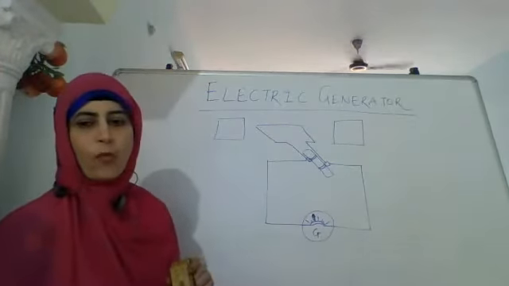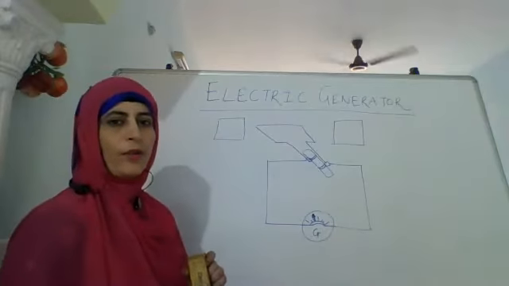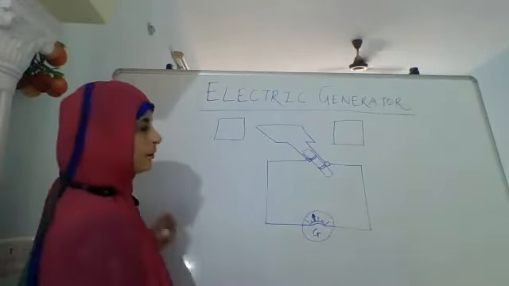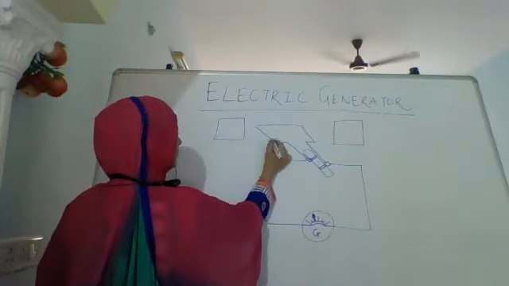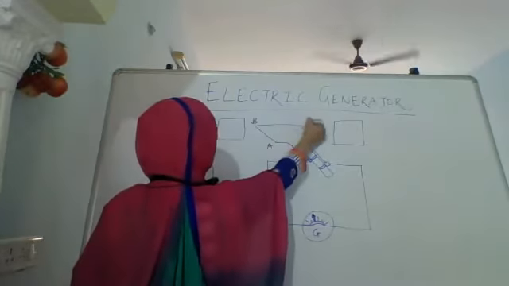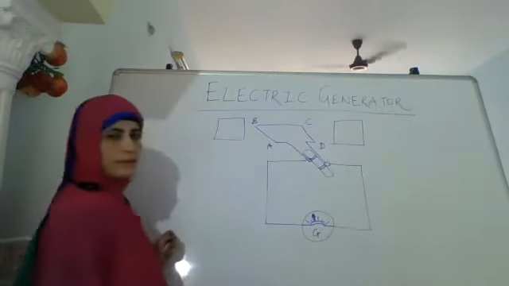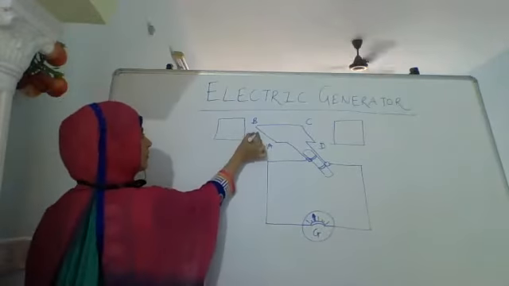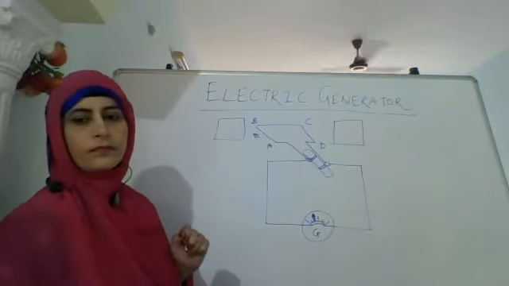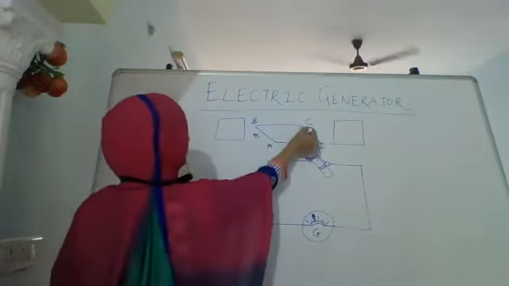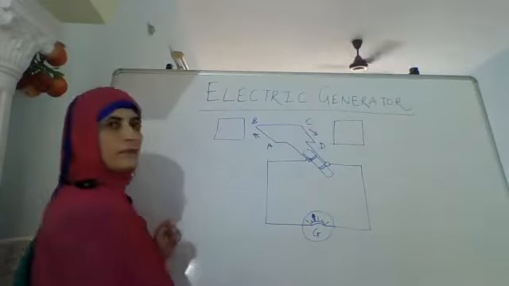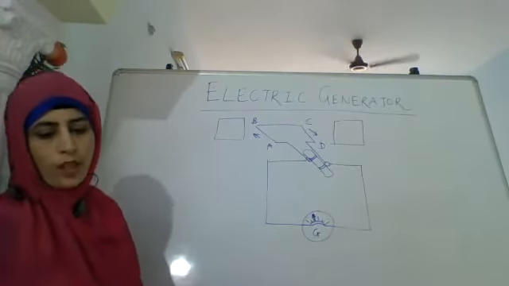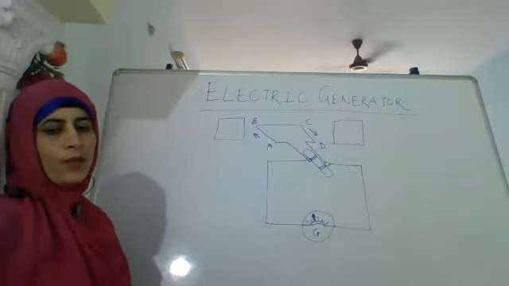This should be in the form of a rectangle. I guess you will be able to draw it better in your book. And for those who are seeing the textbook, it is on page number 60, figure 4.20.